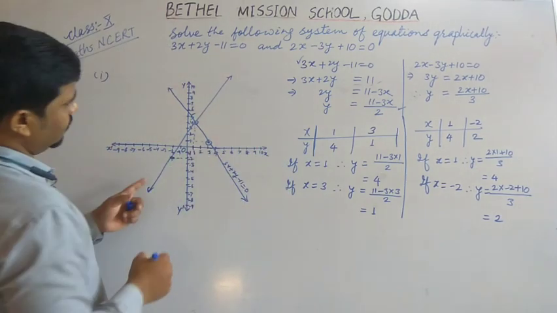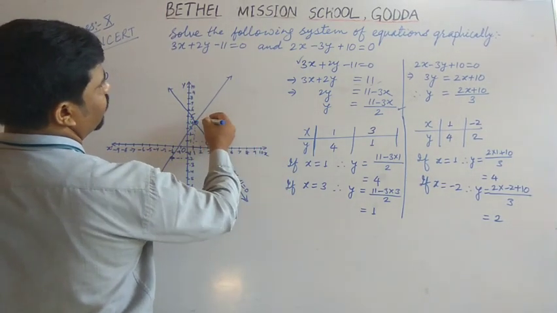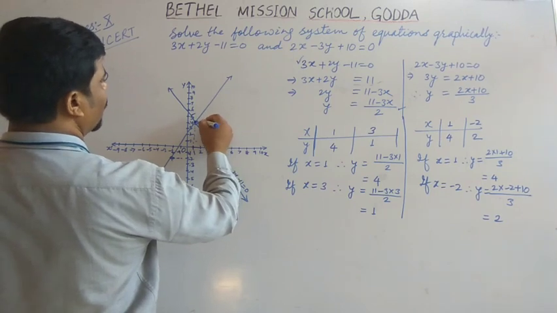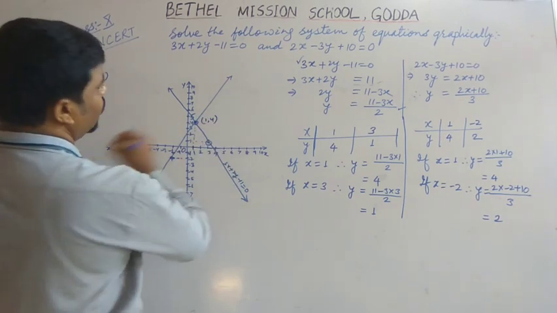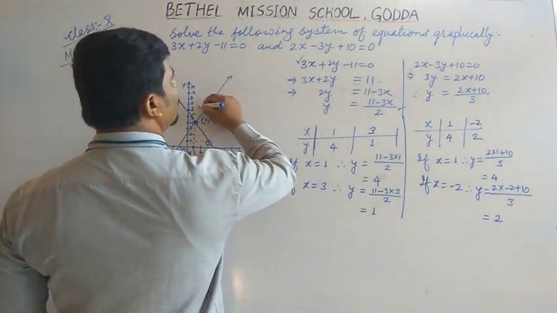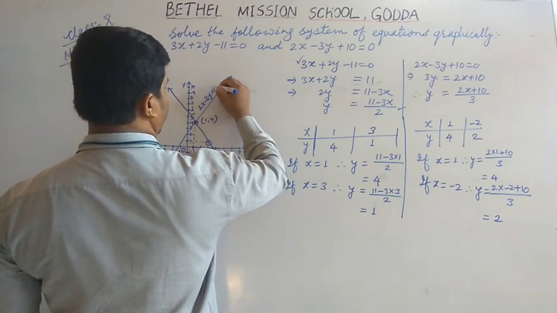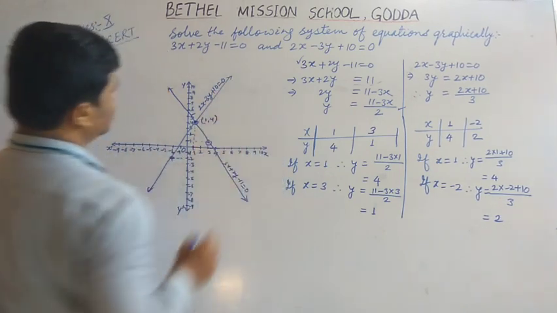So you can see these 2 lines intersect each other in this point, and the point is 1 and 4. And this is the line of the equation 2x minus 3y plus 10 equal to 0.